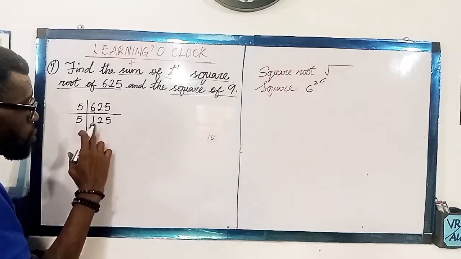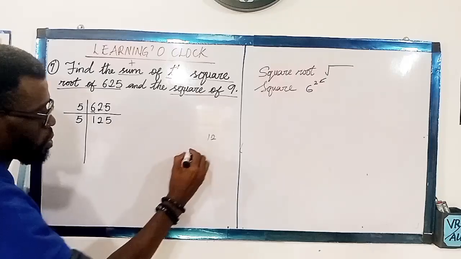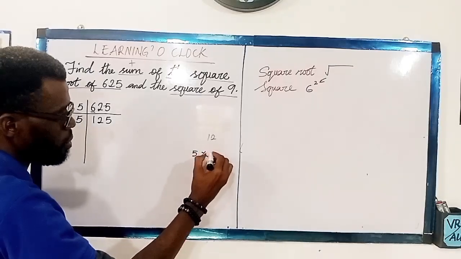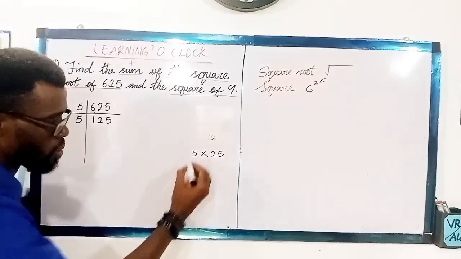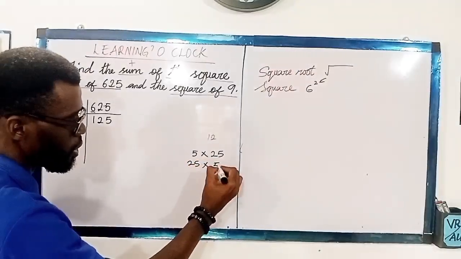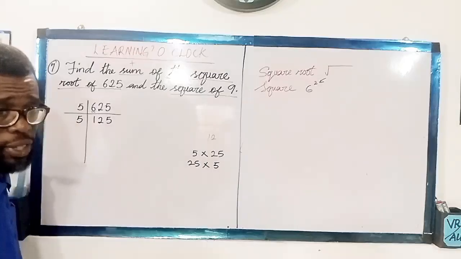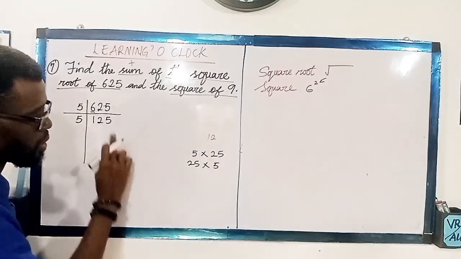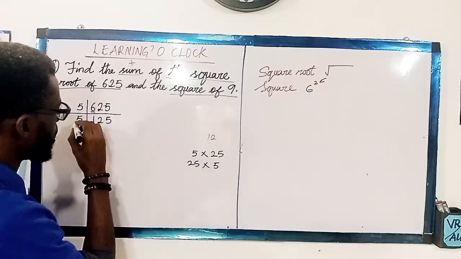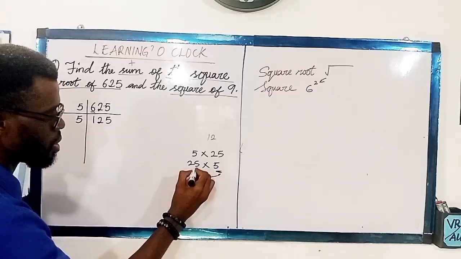We could use the other way. We just say 5 times 25, easy peasy, or 25 times 5. So what you get is 125. So 125 divided by 5, what you get is 25.